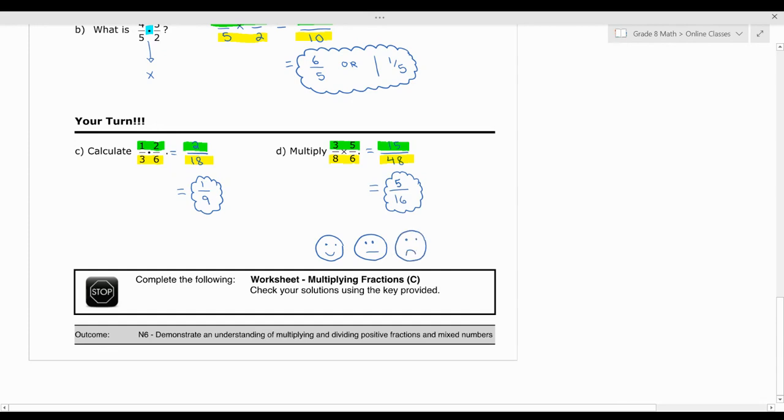So when you take a picture of your worksheet to send to me, if you could just include one of these little emojis, to show me whether or not, yep, I'm okay with this, I got it, ready to move on, or not quite sure, might like some more practice, or nope, I don't know what happened, I need some extra help on this. That can help me gauge how to better support you on more of an individual need as we move on through this review.